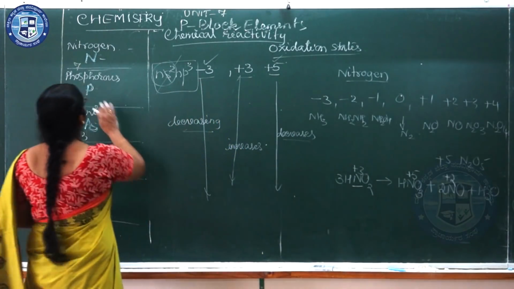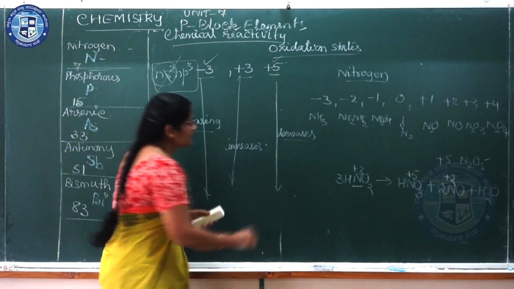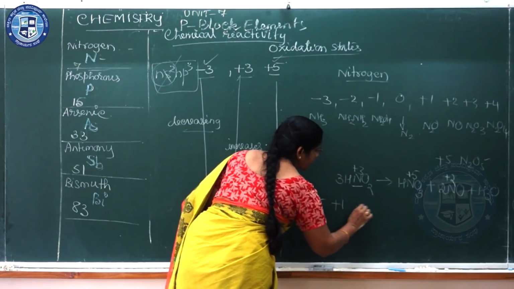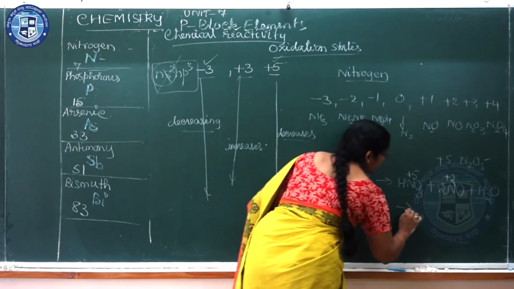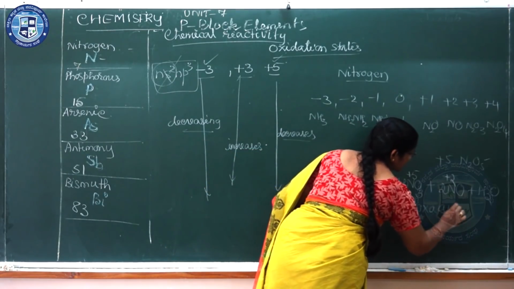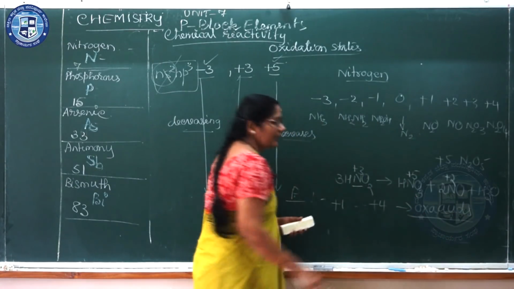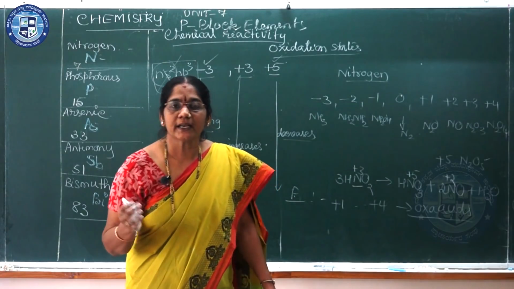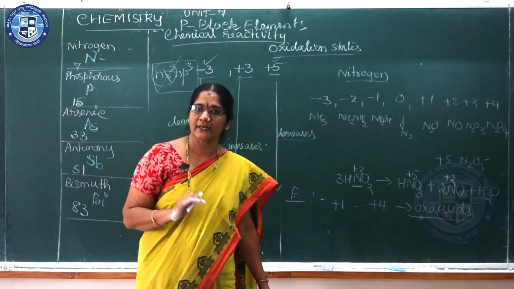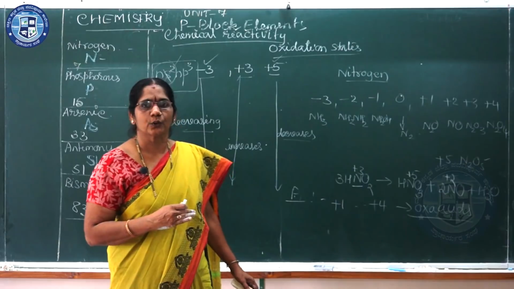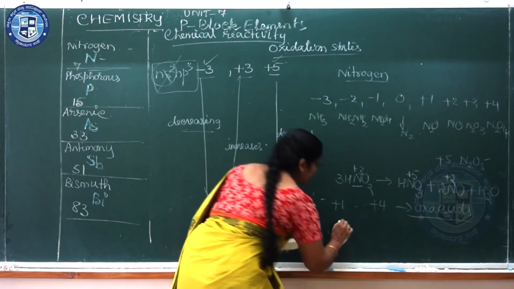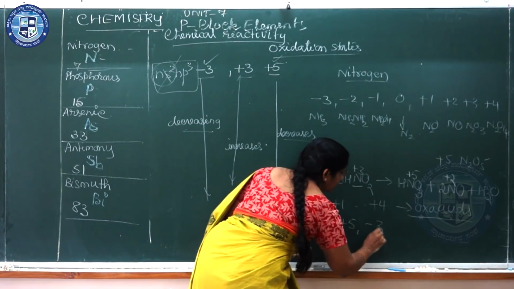Next, coming to phosphorus. Phosphorus also exhibits oxidation states of +1 to +4 in its oxo acids. Here also the intermediate oxidation states of phosphorus disproportionate to give normally phosphoric acid and phosphine with the oxidation numbers +5 and -3.